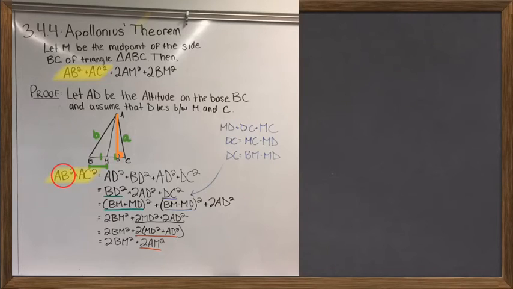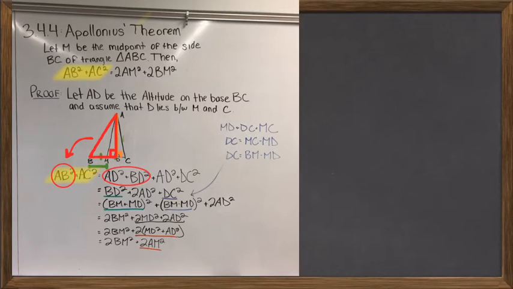So AB squared, we observed, is nothing more than the square of the length of the hypotenuse of the right triangle ABD. So we start by applying the Pythagorean theorem to the right triangle ABD, which is what lets us replace AB squared, the square of the hypotenuse, with the sum of the squares of the legs, AD squared plus BD squared.